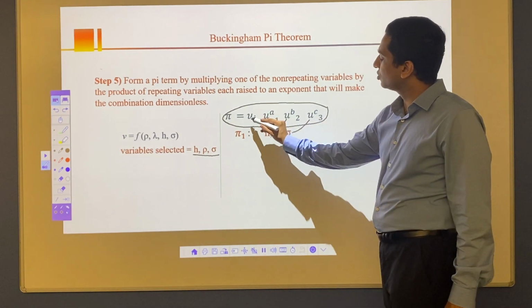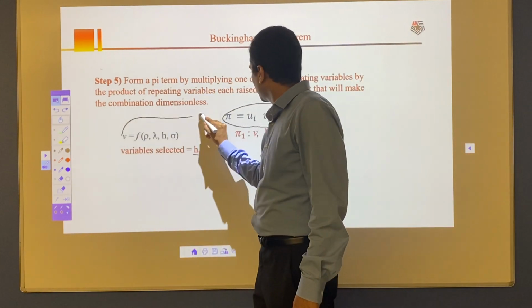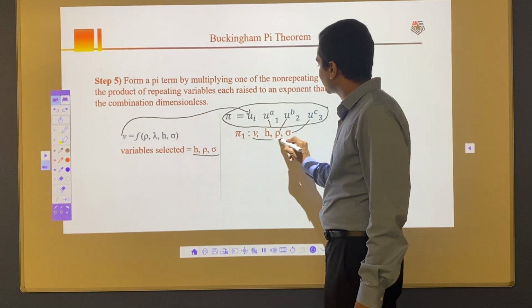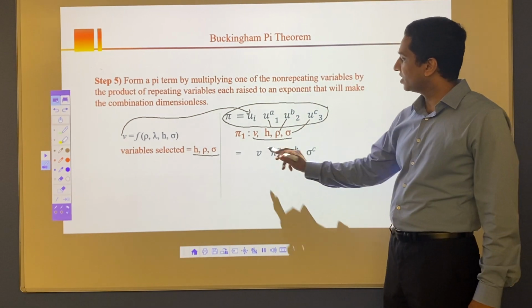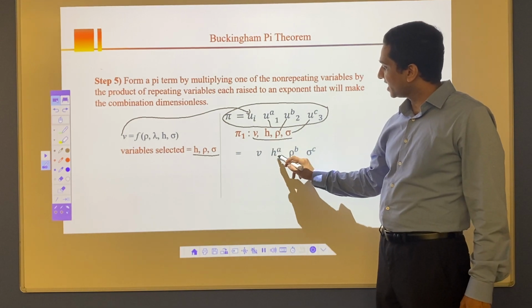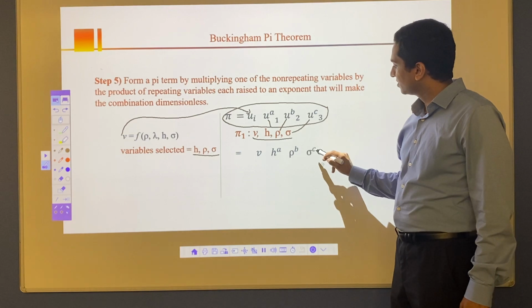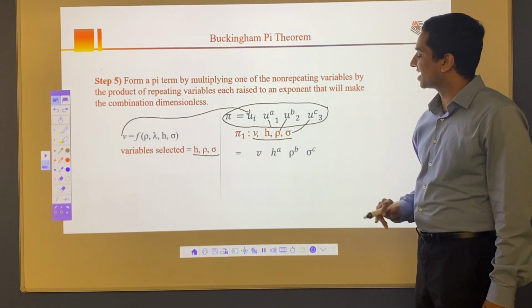And then whatever ui variable you have, I am going to take this v and plug that in, and then I can rewrite the terms in this format. So here v, then h raised to a, density raised to b, surface tension raised to c, and that's it. That's how I am going to write it down.